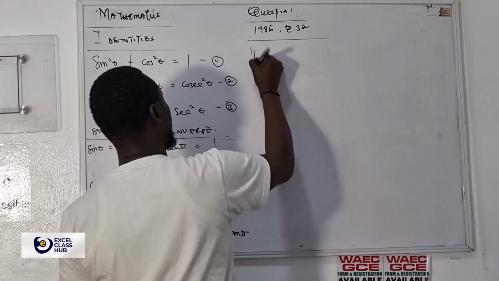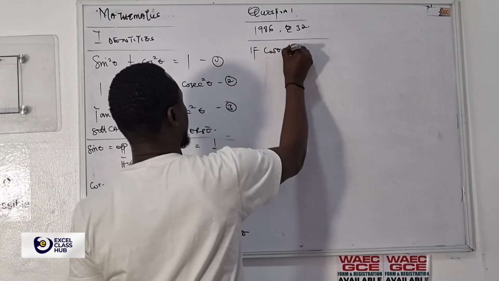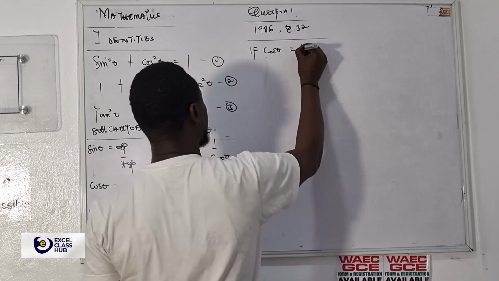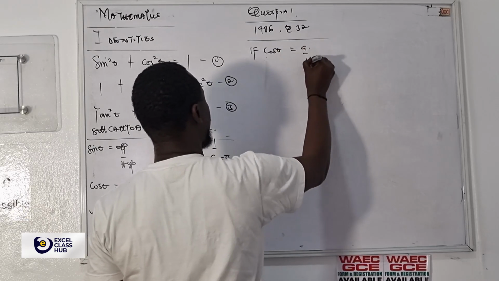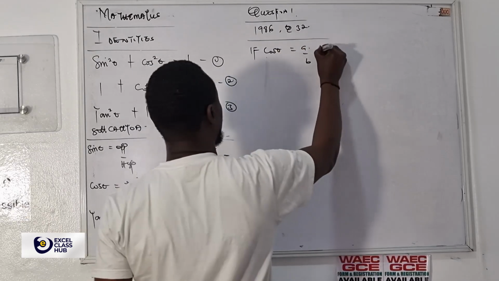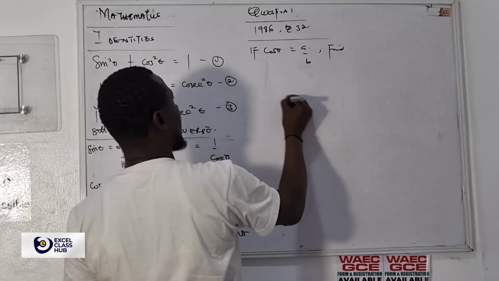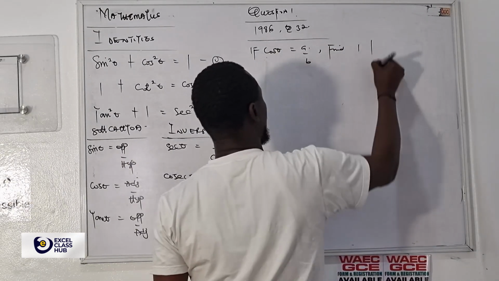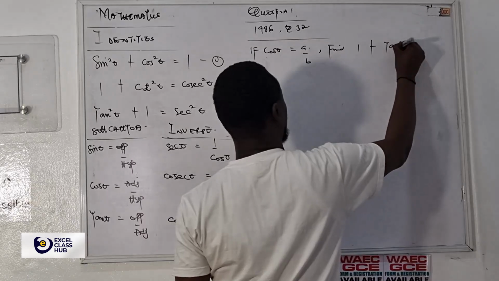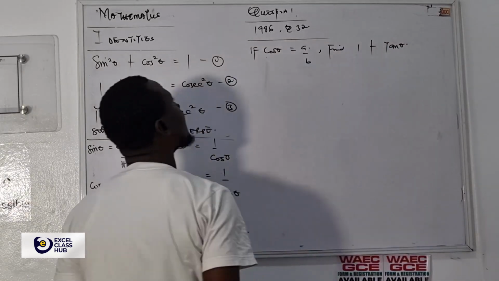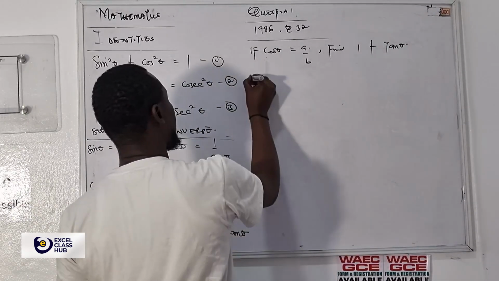If cos θ equals A over B, find 1 plus tan θ. Okay, is that the question? Please give me the options.